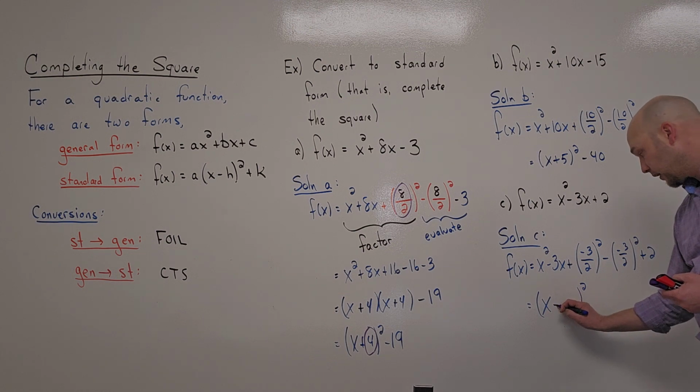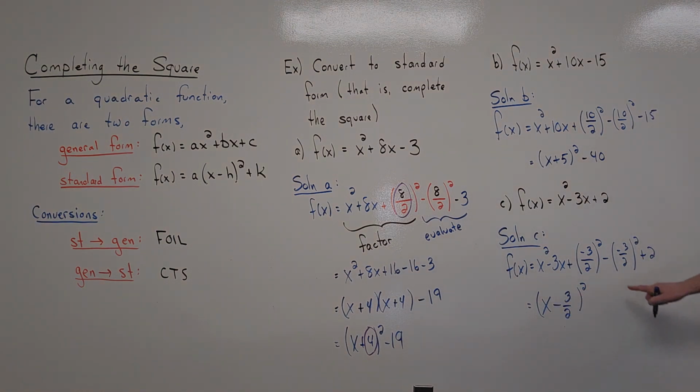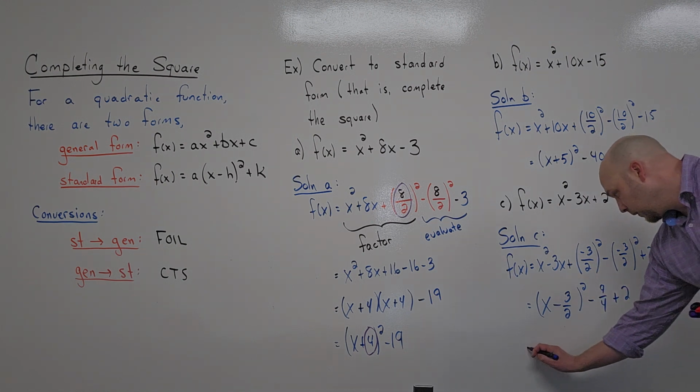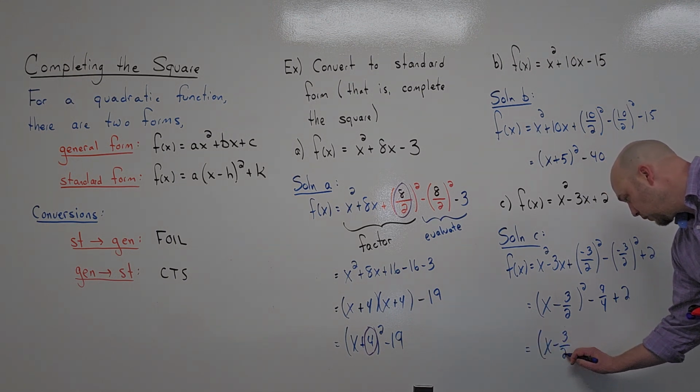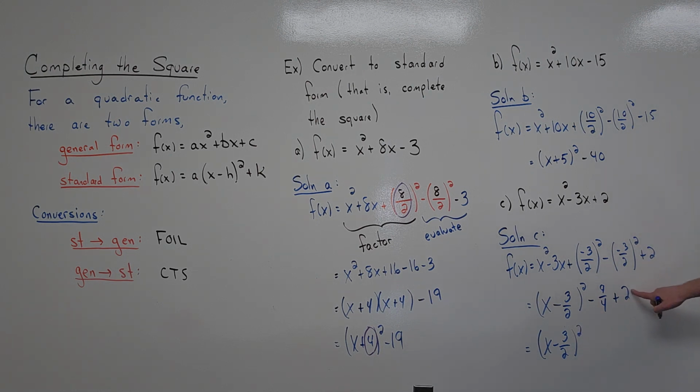So this will factor as x minus 3/2. And then to evaluate on the end, I've got the square of negative 3 over 2, which would give me negative 9/4 plus 2. And finally, you would have x minus 3 over 2 squared. 2, if I put a 4 in the denominator, put a 4 on top, so this would be 8 quarters, and negative 9 quarters plus 8 quarters would be minus 1 quarter.